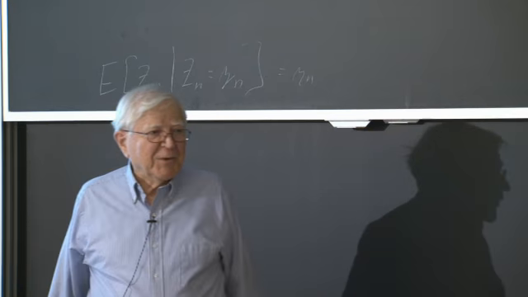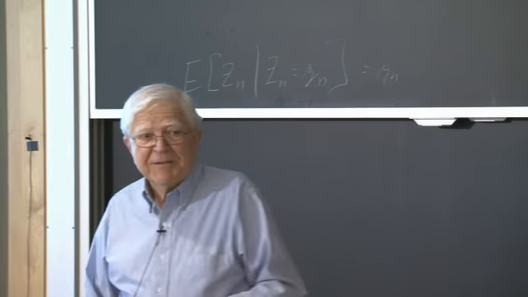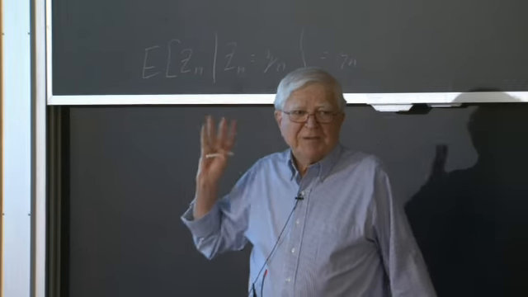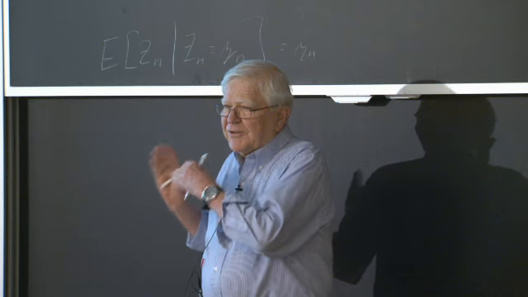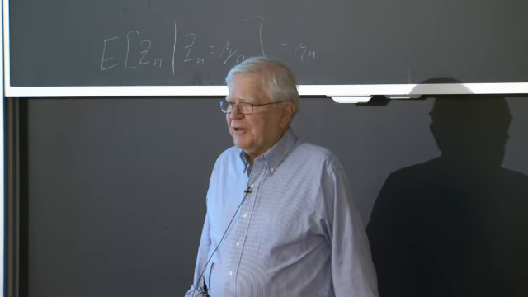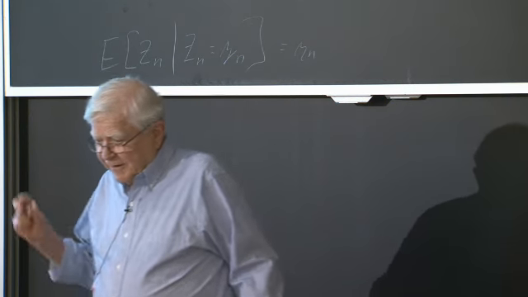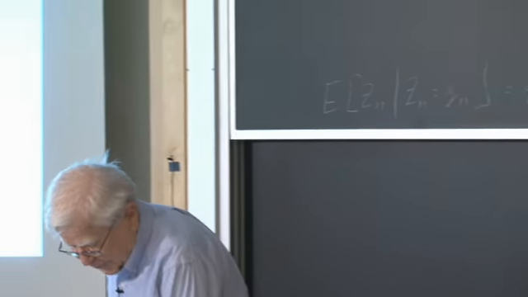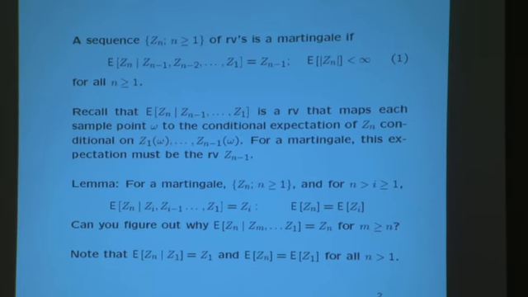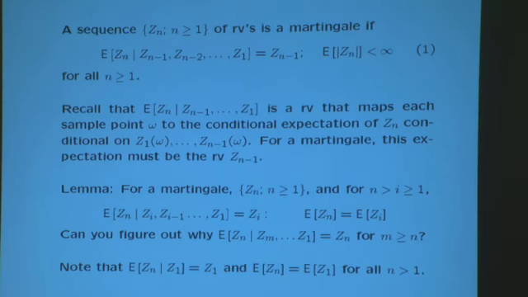That's what you said in one sentence, and I'm saying it in 5 sentences. It's hard enough that you want to say it in 5 sentences, because this is not an obvious thing. It's not obvious until you really have a sense of what these conditional expectations mean, and that's part of our function for the last couple of weeks, to sort out what those things mean, because that's part of understanding what martingales are doing.